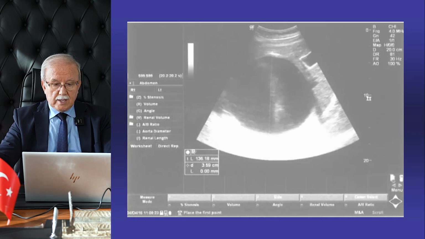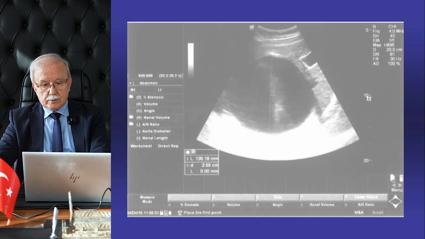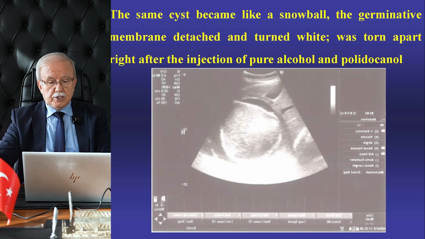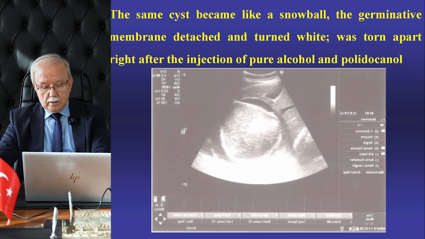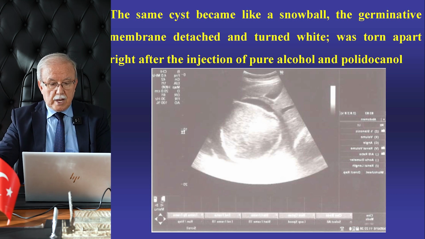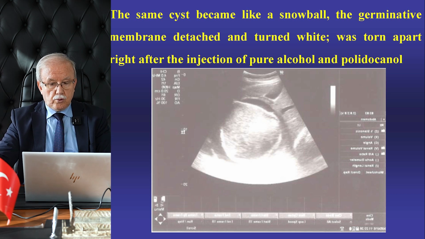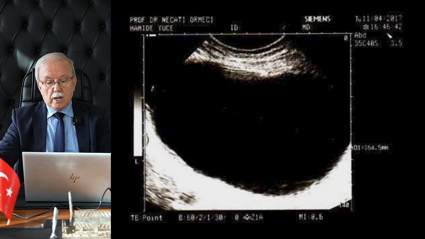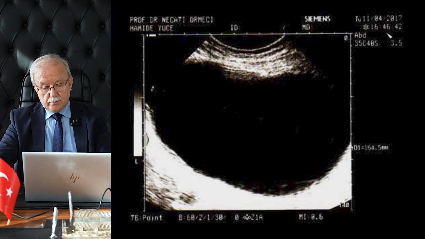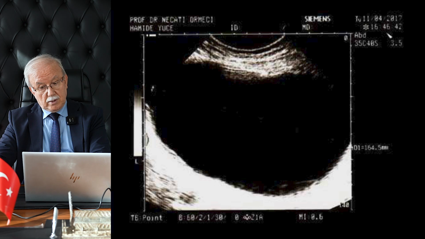This is a type 1 hydatid cyst. After injection, it looks like an ice ball, and please look, the germinative membrane became whitish and detached from the wall. Another huge one, 164 millimeters in diameter, sorry.